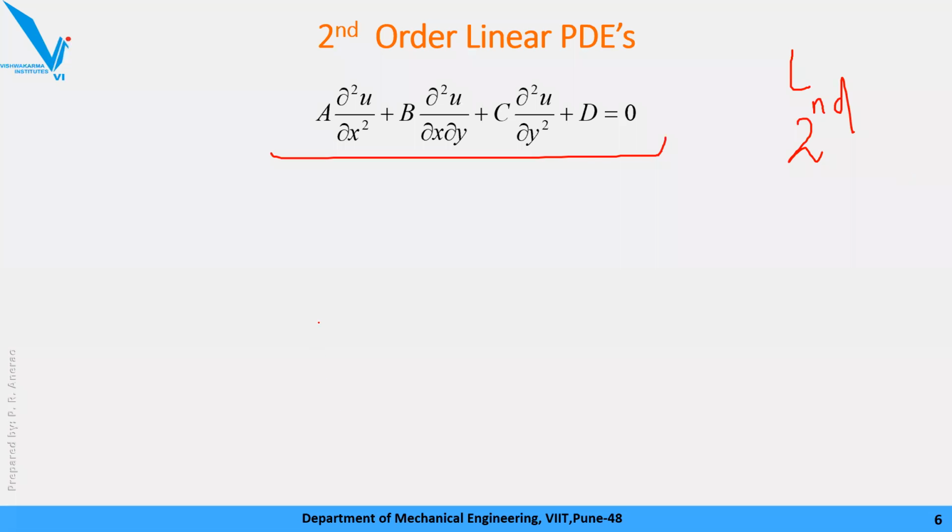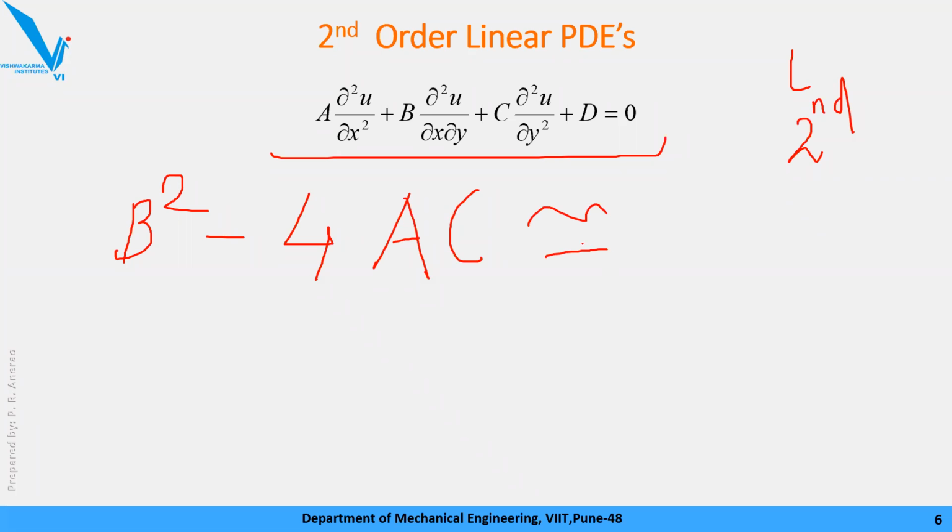Now, for the given equation, calculate b square minus 4 times ac. You have to calculate this numerically. And whatever answer you get, compare that answer. Now there are three possibilities.